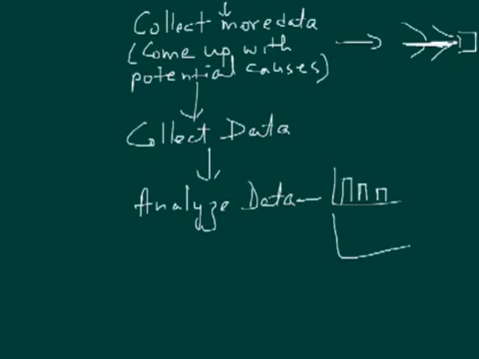You can use any scatter diagrams, and then you may want to just look at how your process is doing. You can use these statistical tools to analyze your data.